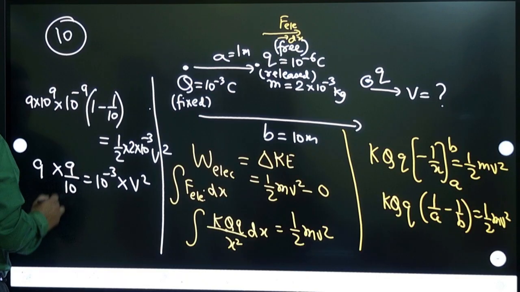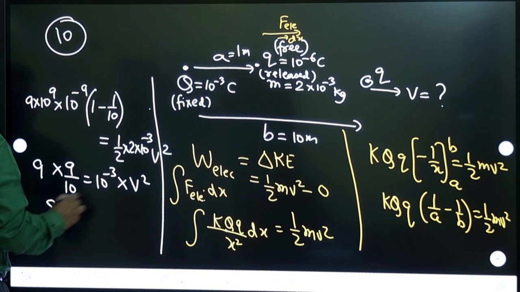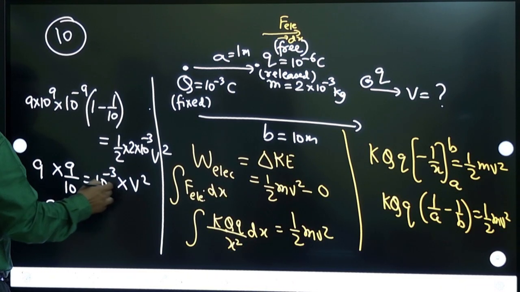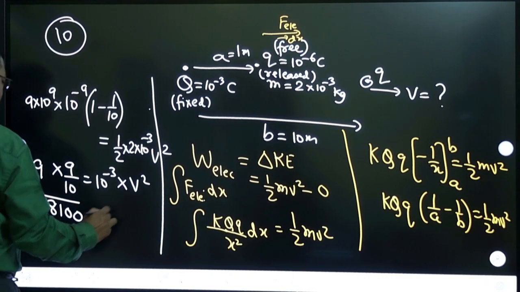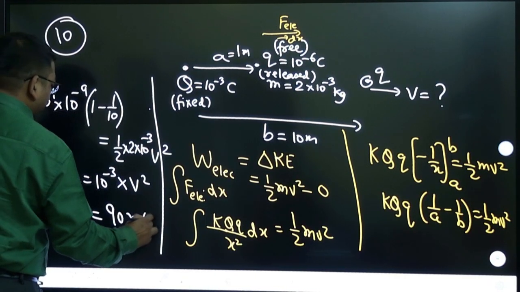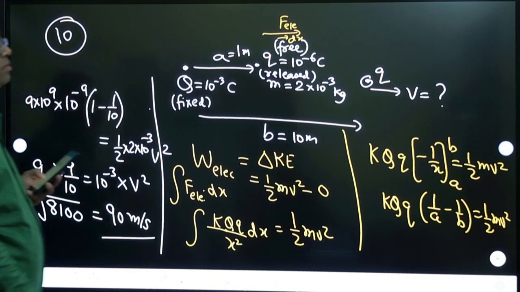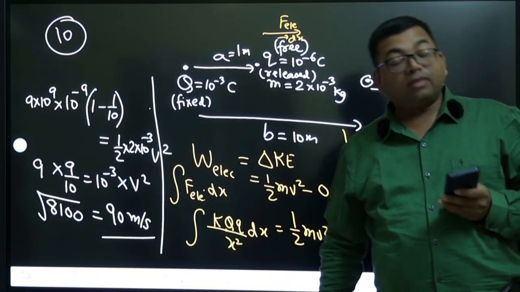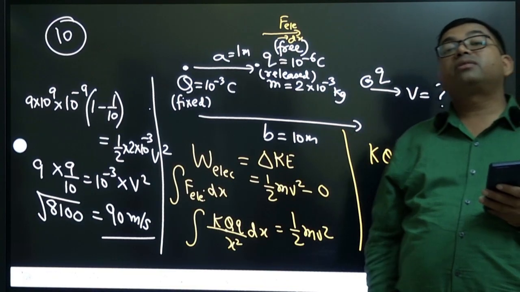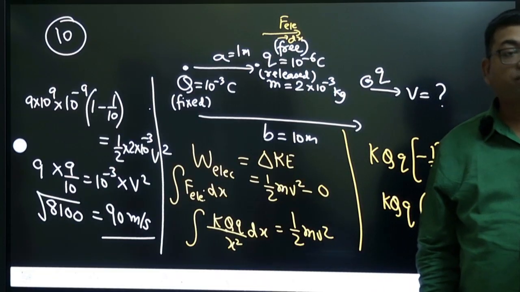So from here 9 into 9 is 81, and bring this side, 1 by 1000, so 100 will come, under root of that. That means 90 meter per second. Easy calculation, direct answer, not much tough calculation. Definitely by practice you can do it within 1 minute.